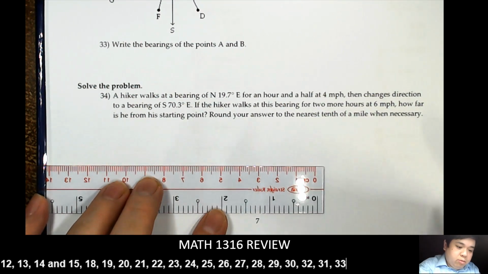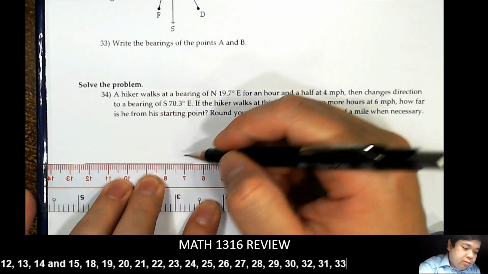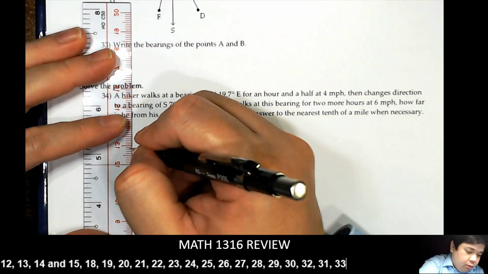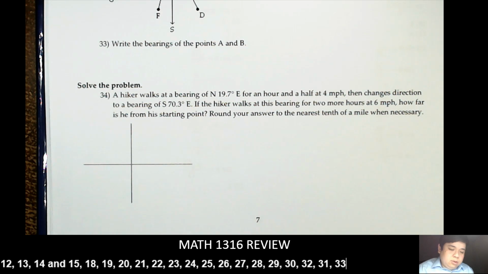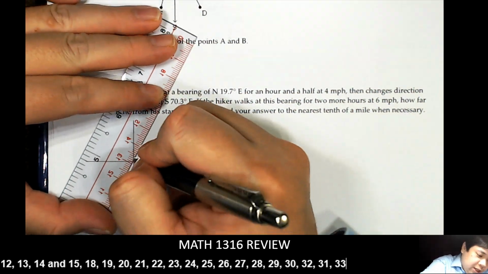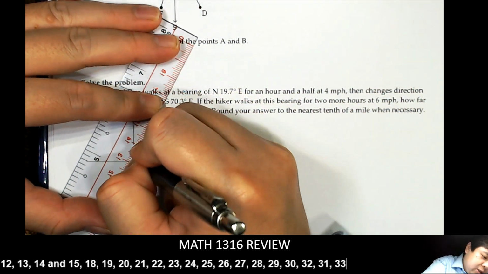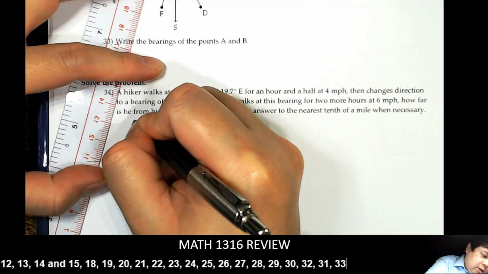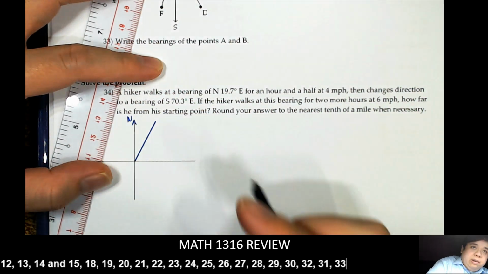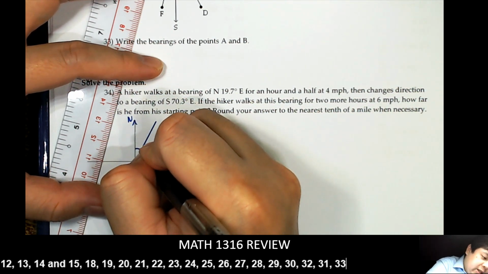So this is navigation here. So first, the hiker will walk north 19.7 degrees for an hour and a half at 4 miles per hour. So first, you walk in this direction. The angle here is north on the east side of 19.7 degrees.